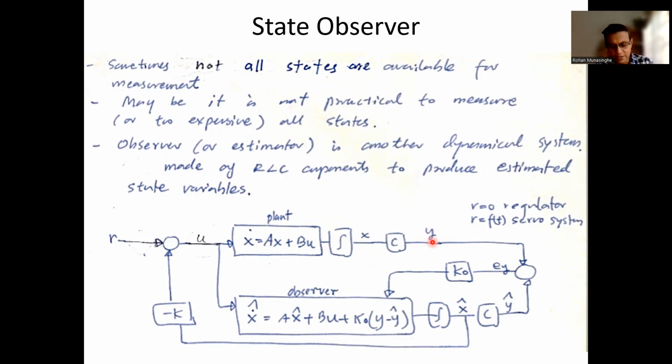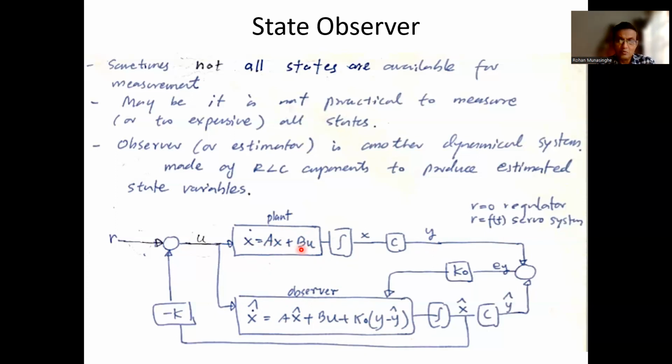Now we bring in another electronic circuit, we call it the observer, using RLC components. It runs this algorithm, right? The observer. So what it does is, the same plant, you know A, you know B, assuming some of the state variables you have estimated.